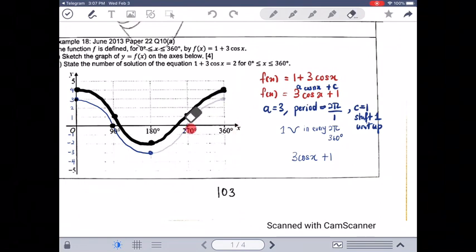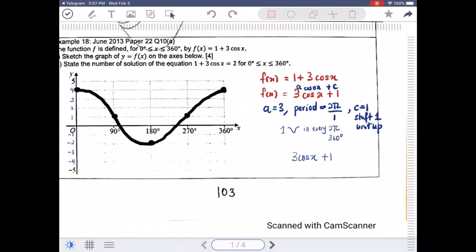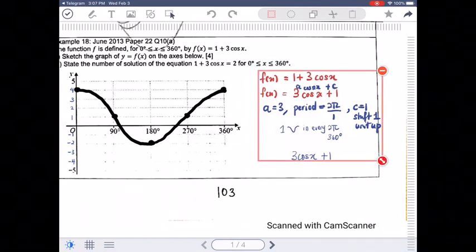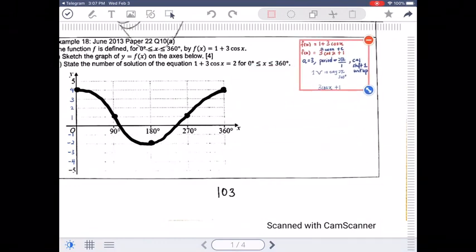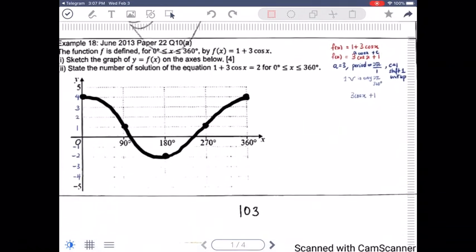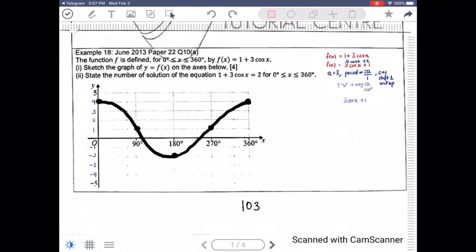Okay, so we erase the old graph. So we are done with question number 1.